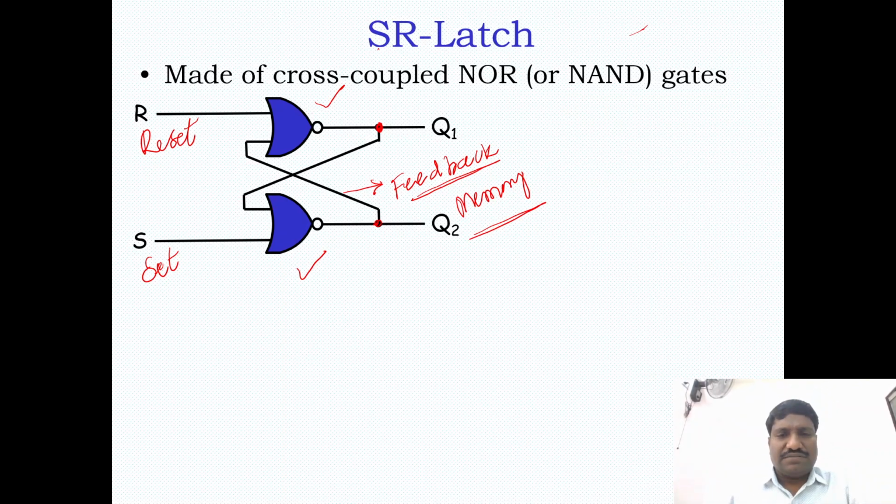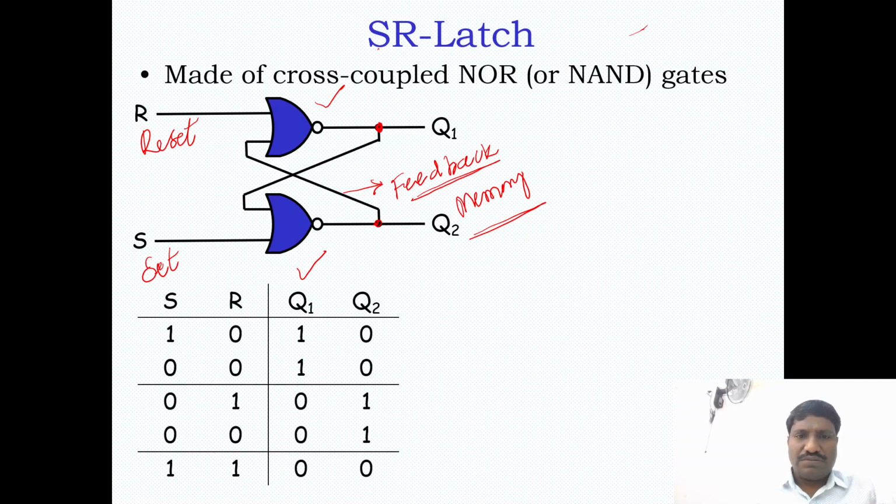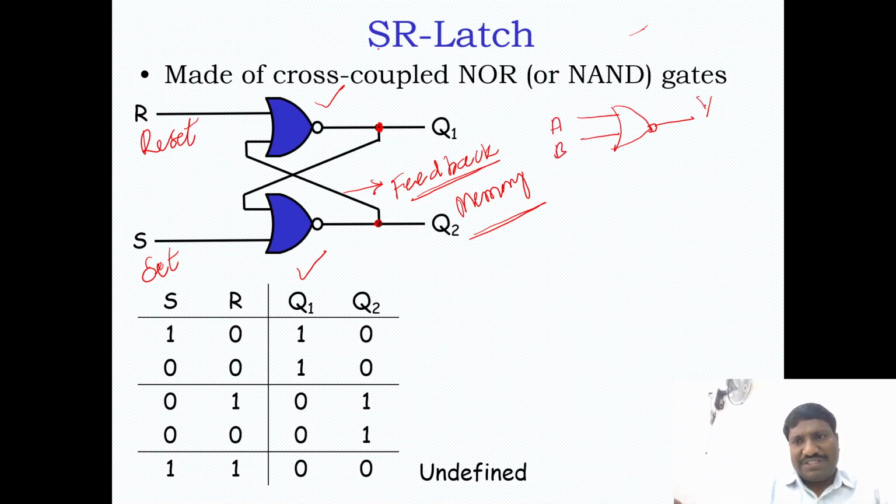To understand this circuit, we have to know exactly what the truth table of a NOR gate is. Let us say I have a NOR gate with two inputs, A and B, and output Y. A, B are inputs, Y is output: 0, 0 gives output 1; 0, 1 gives output 0; 1, 0 gives output 0; 1, 1 gives output 0.